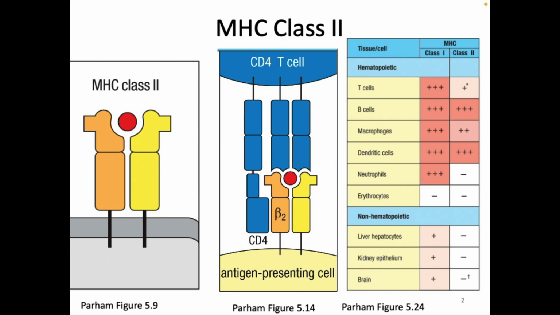MHC Class II is made of both an alpha and a beta chain that come together to bind to peptide. This interaction of T cell receptor with MHC plus peptide is stabilized by the CD4 co-receptor. And you can see CD4 here. So of course we are presenting antigen to CD4 positive T cells.